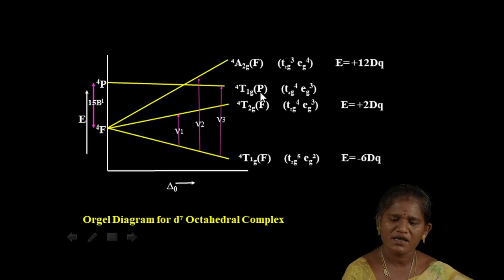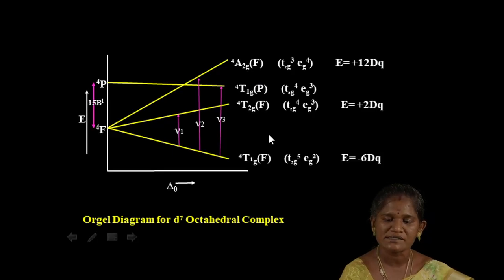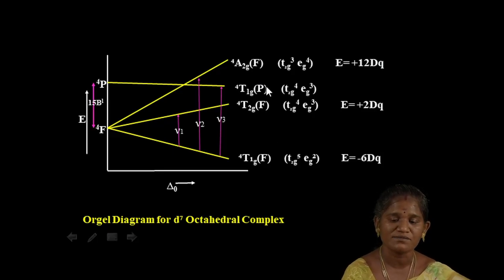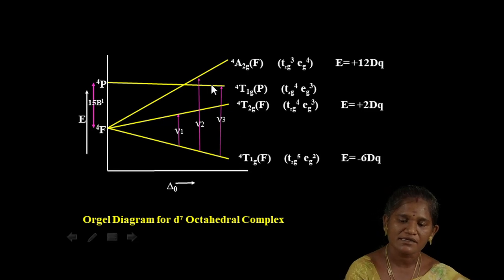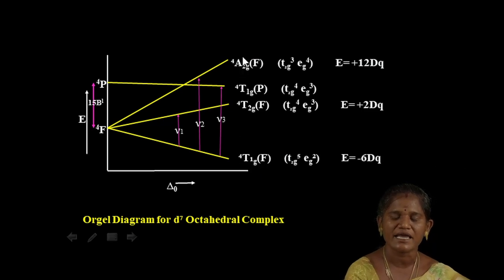Okay, so because of the same symmetry of these two T1g states, the T1g(F) and T1g(P), there is an interaction of these two. Due to this interaction, it lowers the lower energy state T1g and it increases the higher energy level, that is, the upper T1g.